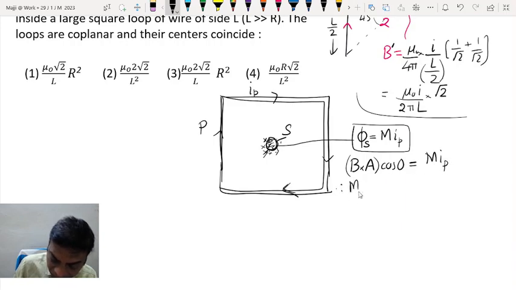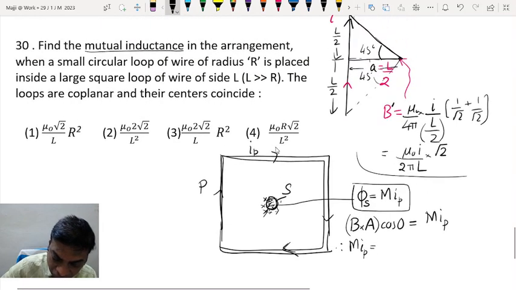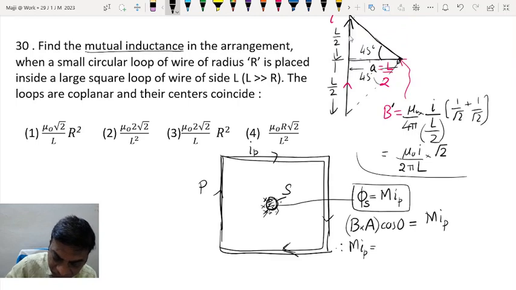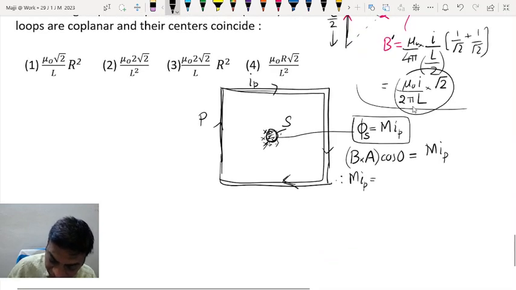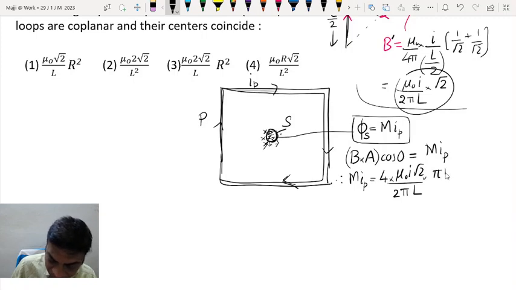So therefore M IP is, magnetic field is 4 times of this value because we have already calculated the field due to each side. So all the 4 sides will contribute equal magnetic field at that point. So 4 times of this is the net magnetic field. So 4 mu 0 I root 2 upon 2 pi L into area, which is pi r square.